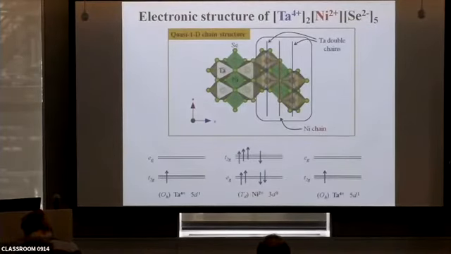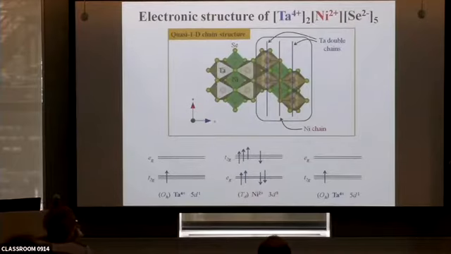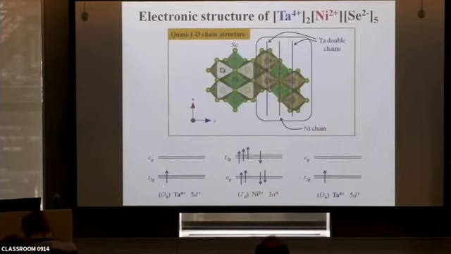Let me describe the electronic structure. Since the basic crystal element possesses one nickel chain and two tantalum chains, the electronic structure could be described with one nickel site and two tantalum sites. In the ionic picture, tantalum and nickel have 4+ and 2+ valence states, which correspond to d1 and d8 systems respectively. One electron occupies the t2g level on the tantalum side, and eight electrons occupy the nickel side.